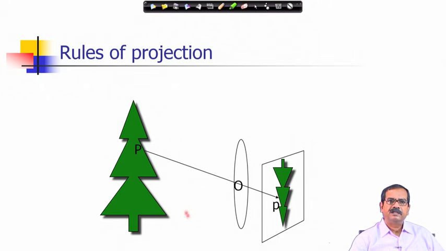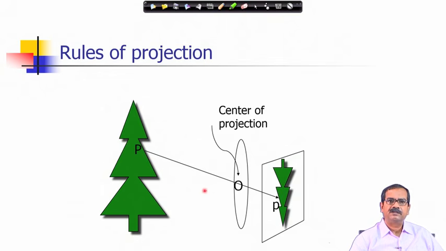So, as you can see in this case, this can be formed if I draw a line from this point through a particular fixed point O, which is here the center of the lens, and extend that ray which hits the corresponding image plane, and that intersection point defines the image point of the three-dimensional scene point.